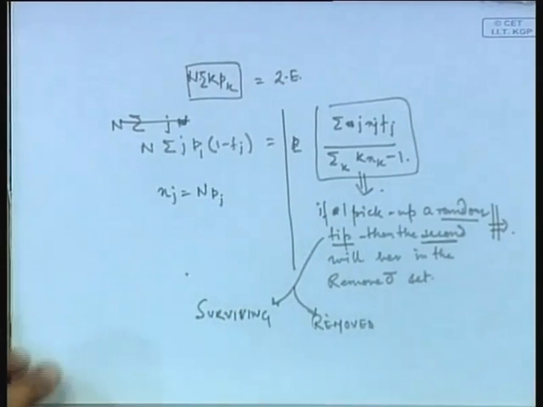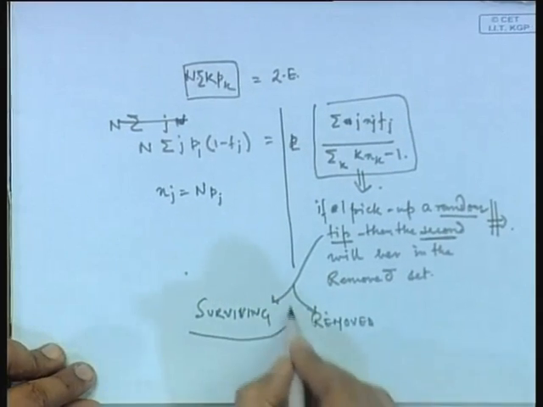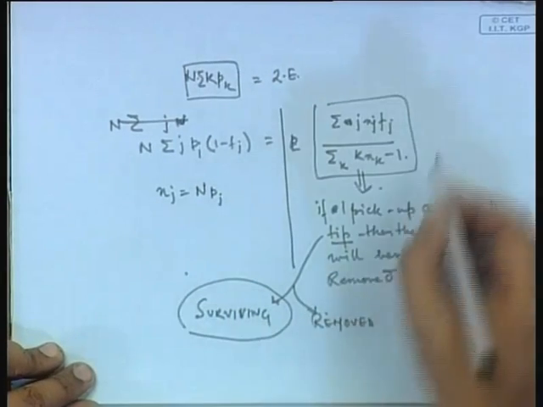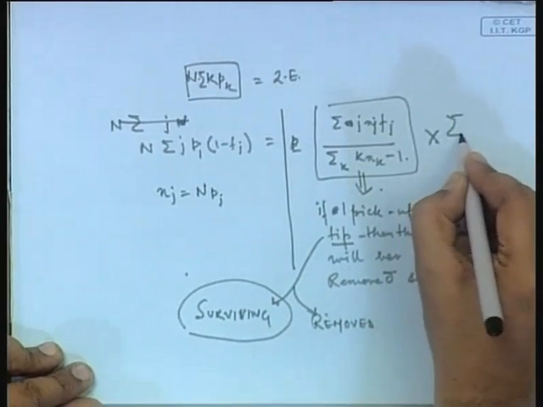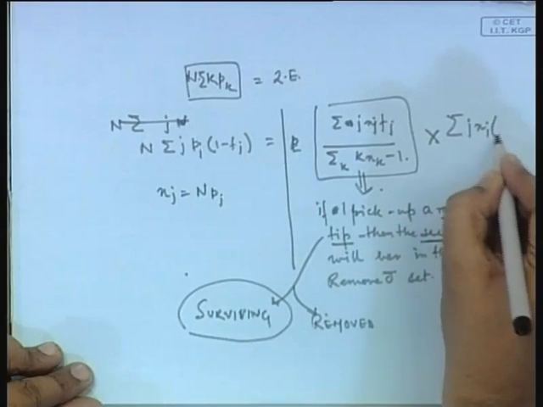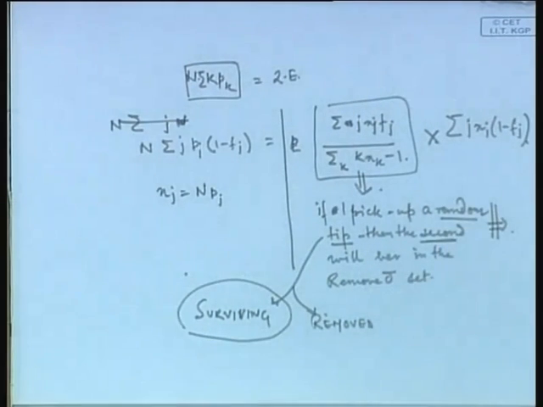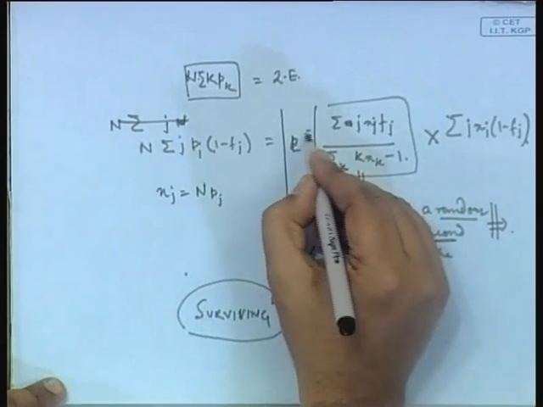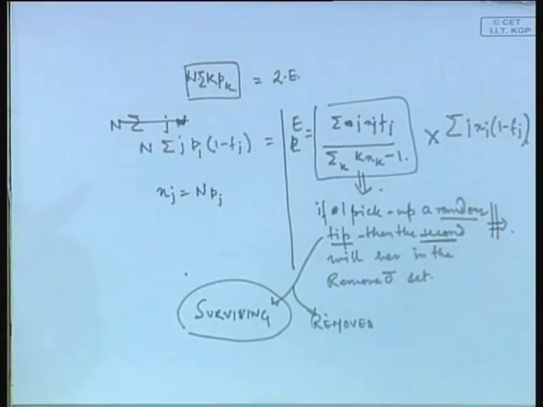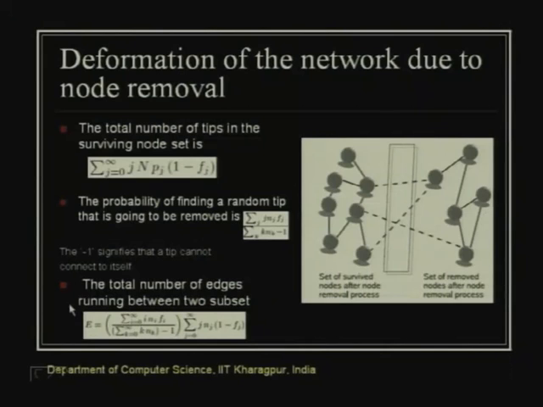It can be both. Now, I just see the surviving set, and that is why I multiply this with the summation of j n_j (1 - f_j). And this actually gives you the number of edges.